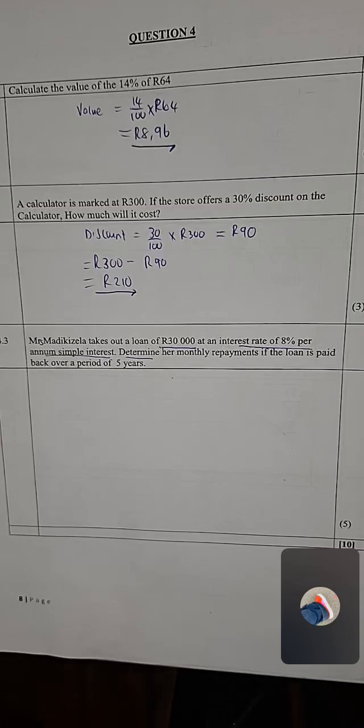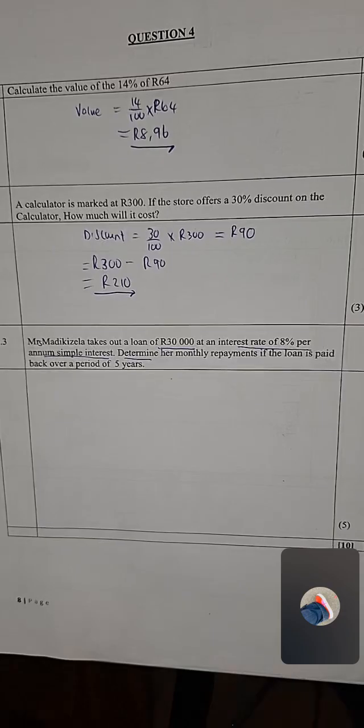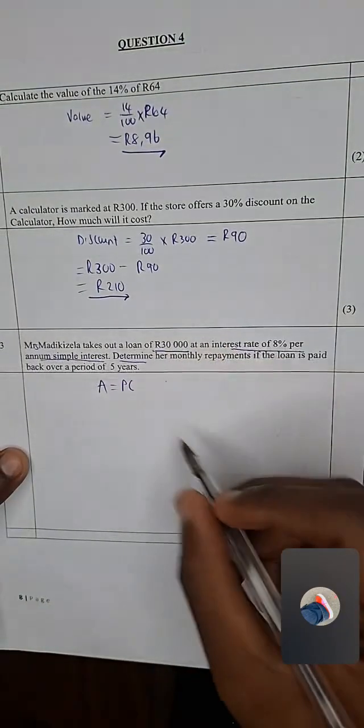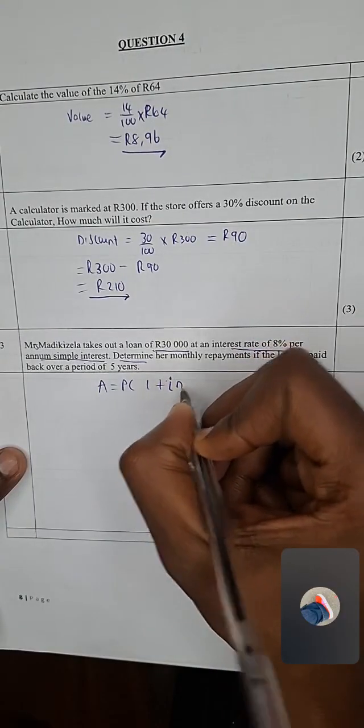So, firstly, we have the formula for the simple interest, which is A equals P open bracket 1 plus i n close bracket.